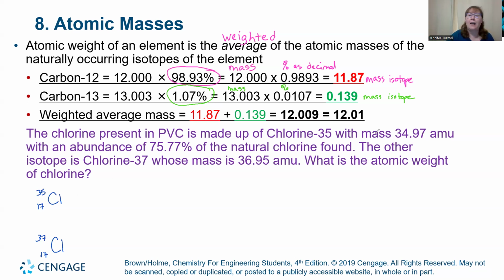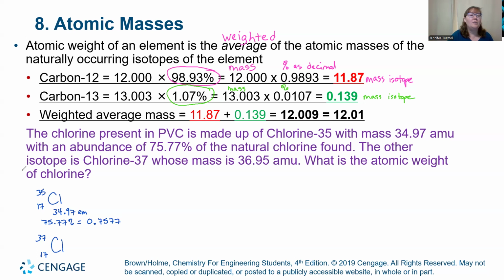Now let's take a look. Chlorine 35 has a mass of 34.97 atomic mass units, and it makes up 75.77% of all chlorine. So what I'm going to do right here is turn that into a decimal, 0.7577.